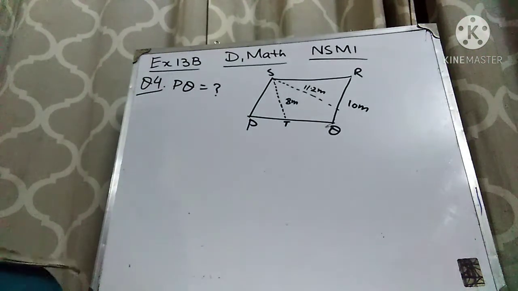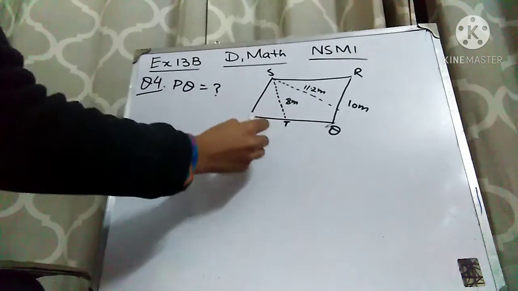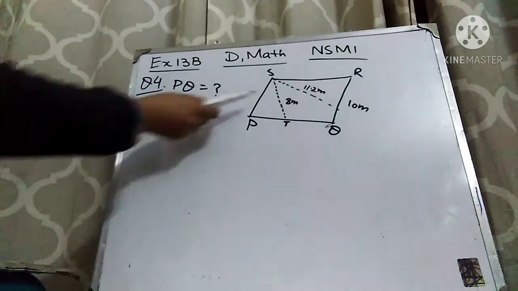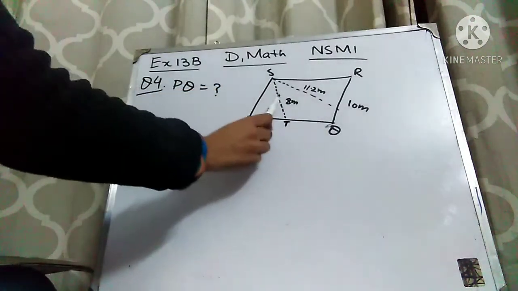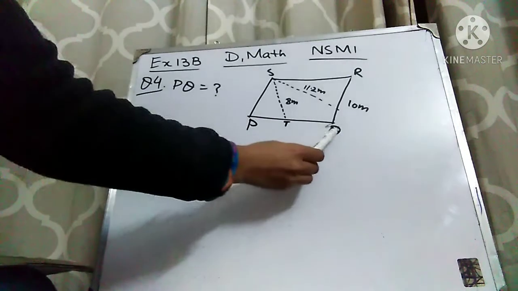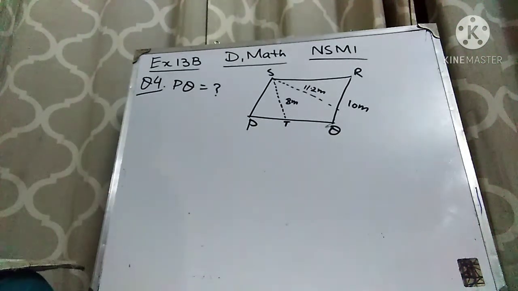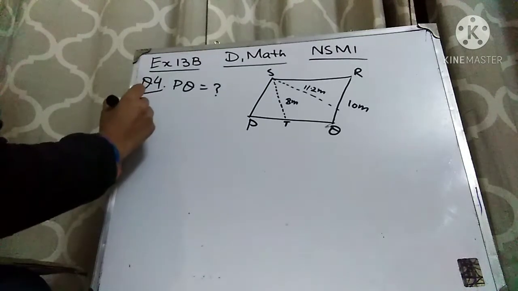Students, in this parallelogram you can see that there are two baselines and two heights. I have told you that a perpendicular line on the baseline is basically the height. So we can use two area formulas to find out the area of the parallelogram. The formula to find out the area of the parallelogram is base multiplied by height.